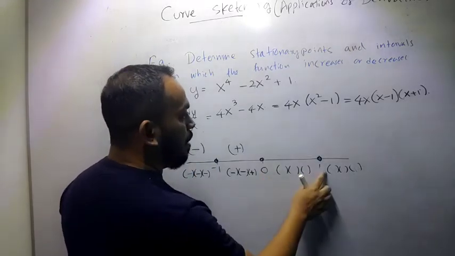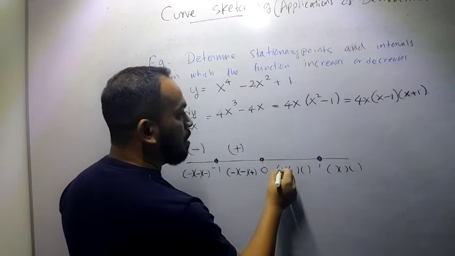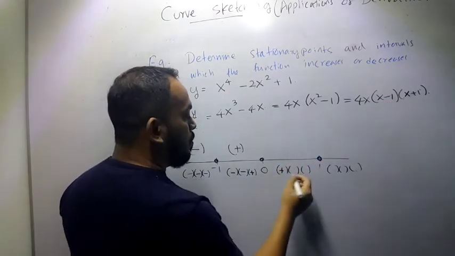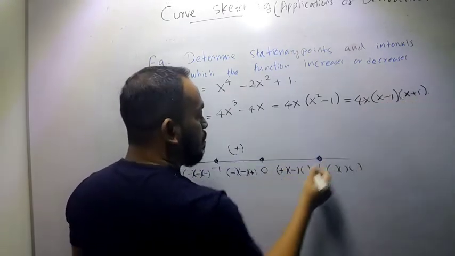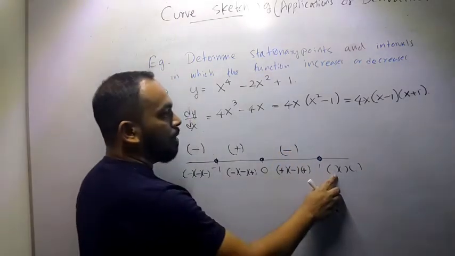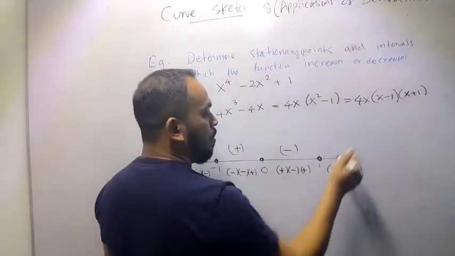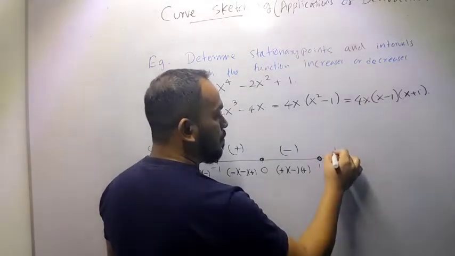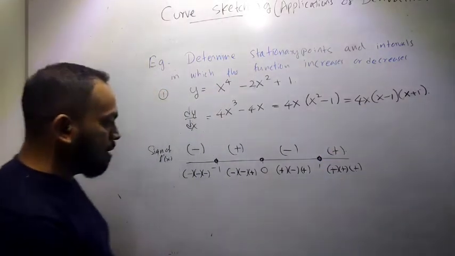Between 0 and 1, this is obviously positive, this would still be negative, this is positive, so this would be negative, and finally greater than 1, all 3 positive. Right, so you can see the sign changes.